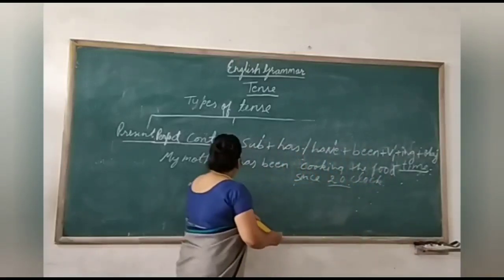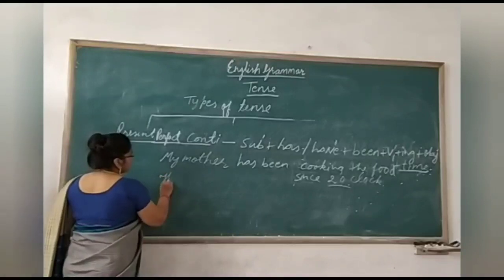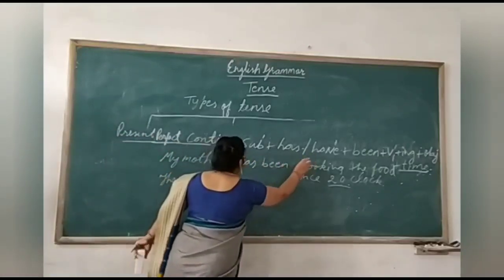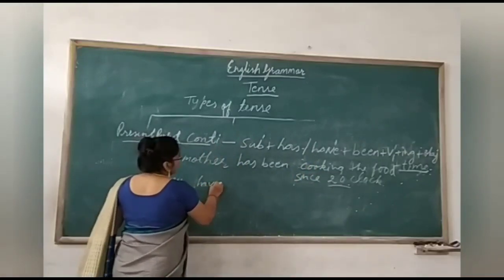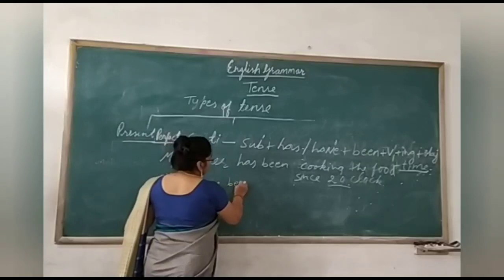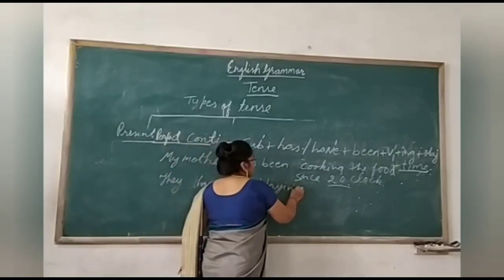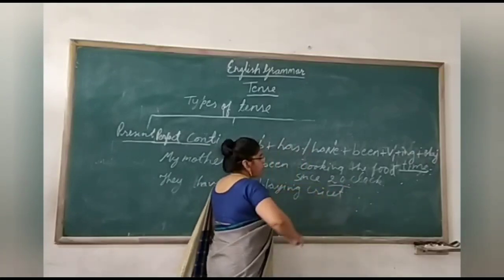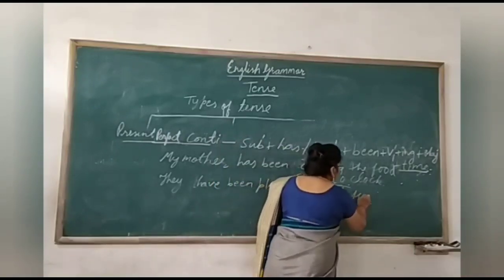Getting it? Now, if I take the next sentence, "They", then the subject is they. What verb? They have, then been, then playing cricket. If you want to mention the time, the time which is not fixed, then you can write "for" here.